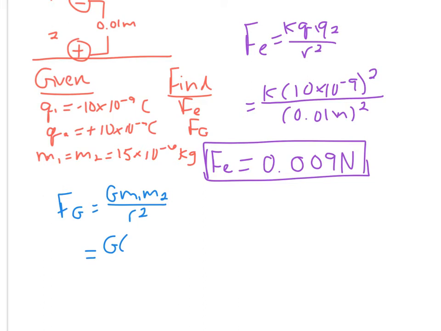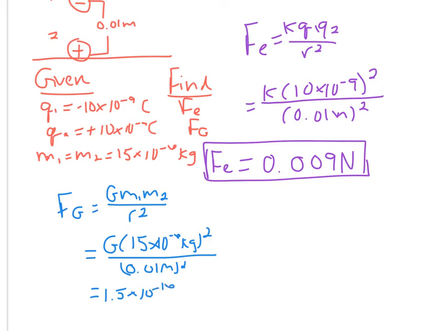So this would be G. Since they're equal masses, we can just say 15 times 10 to the negative 6th kilograms squared over 0.01 meters squared. This comes out to 1.5 times 10 to the negative 16th, this keeps on going, newtons.